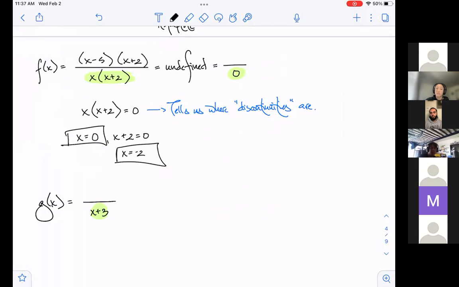If there's no x plus 3 in the numerator, if we just have a 1 or something like that, if we wanted to set this equal to 0, that would tell us where the discontinuities are. And so we would get x equals -3. But since it's only on the bottom, there's no x plus 3 up here. That means that this is going to be an infinite discontinuity.